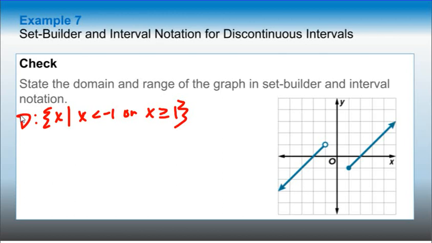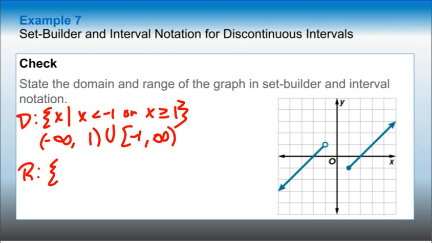And in interval notation, I would have negative infinity to -1 with parentheses because it can't equal any of those. Actually, not -1, it would be +1. And then union. And on the other one, we would have brackets. On the low end, it's -1. High end, it's positive infinity with parentheses.